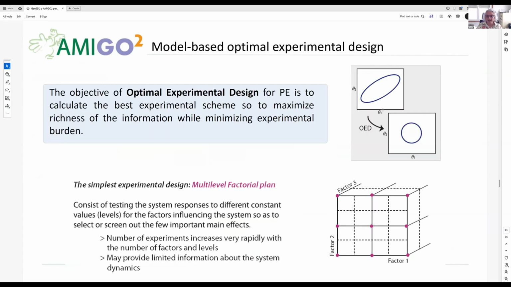Anyways, as I mentioned before, we have a hyperellipsoid, which is not super nice because we have large confidence intervals for some parameters, and then we also had high correlation between some of the parameters.